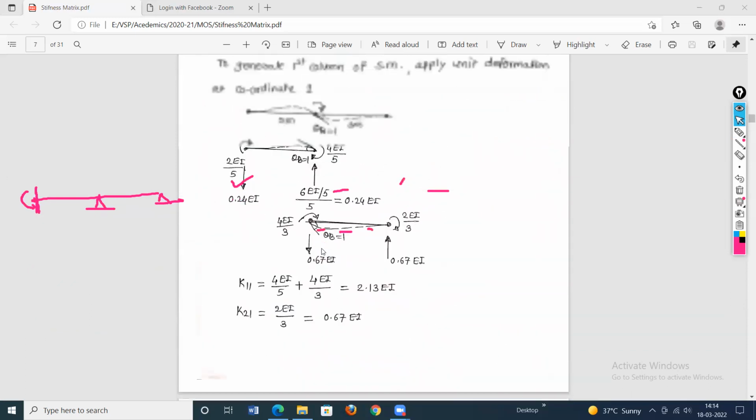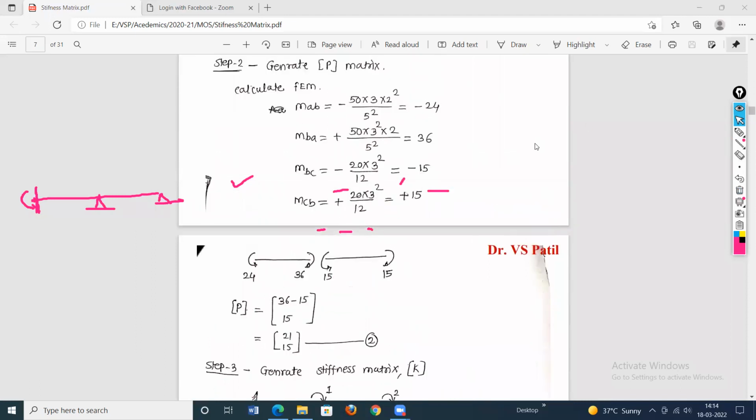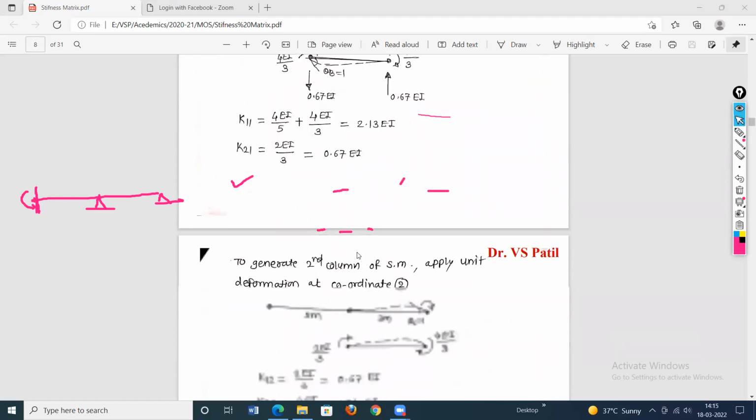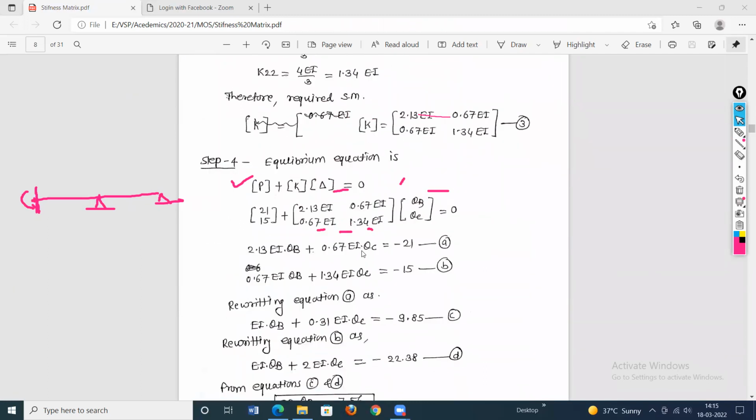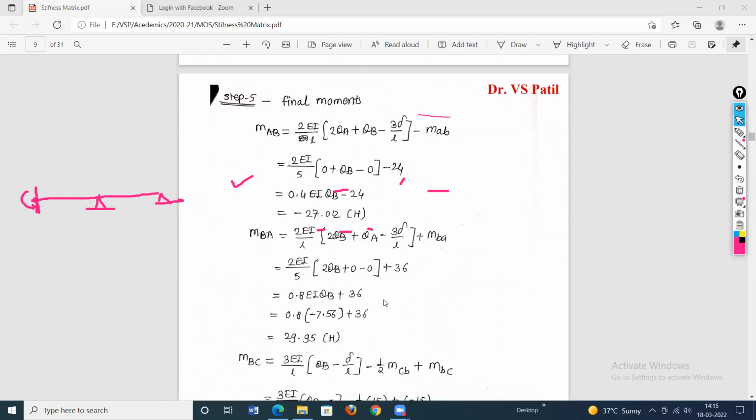What is the value of MAB? It is minus 24. So write that value as minus 24.